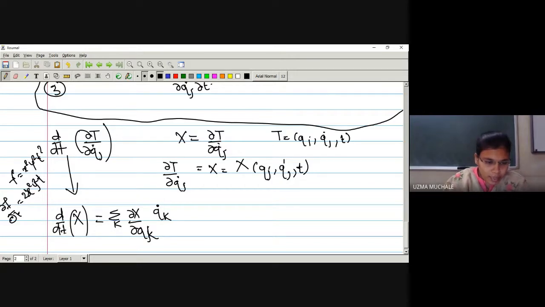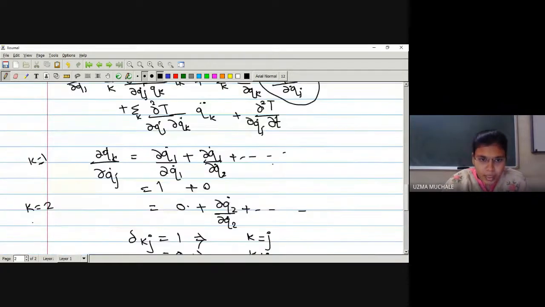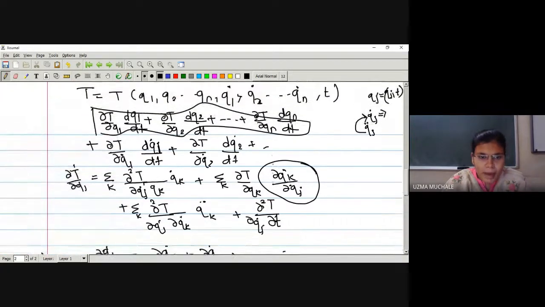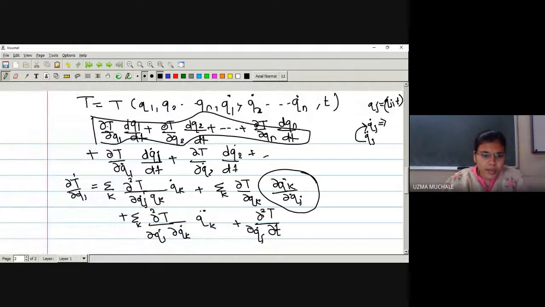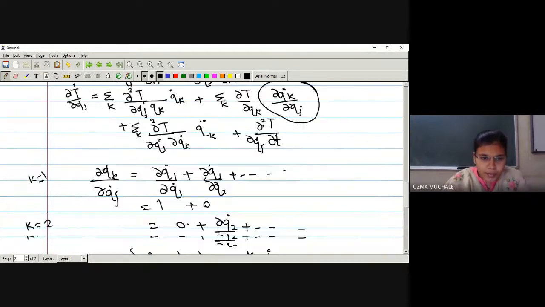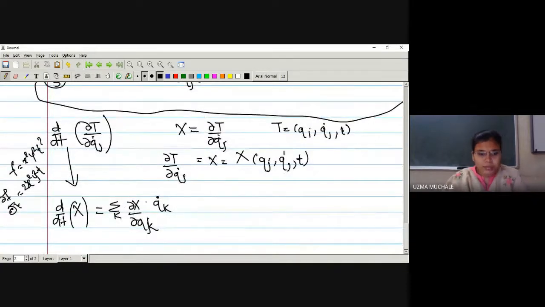As we are evaluating the derivative with respect to t, we take the derivative of x with respect to qk and the derivative of qk with respect to t, just like we have evaluated here. If you have a problem, you can go back and see here, derivative of t with respect to q1, q1 with respect to t. Here also we have evaluated derivative of x with respect to qk and derivative of qk with respect to t.